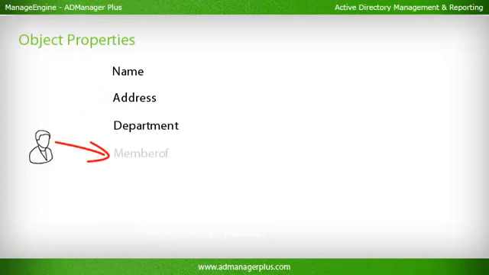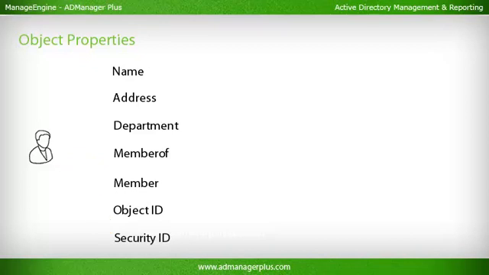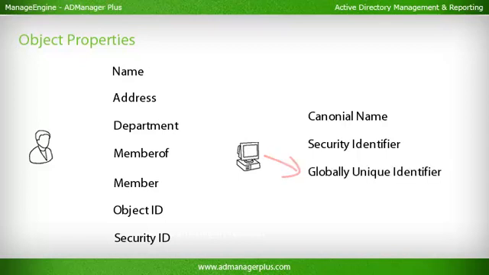Object properties. Each object in an Active Directory will have multiple properties or attributes which describe the object. Examples of object attributes are name, address, department, member of, member, object ID, security ID, etc. Some of the attributes like the CN (canonical name), SID (security identifier), etc. are replicated among all the DCs in a domain, and some of the attributes like GUID are replicated in the global catalog as well.